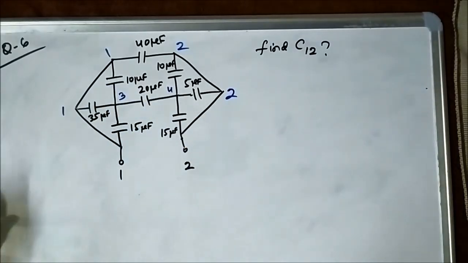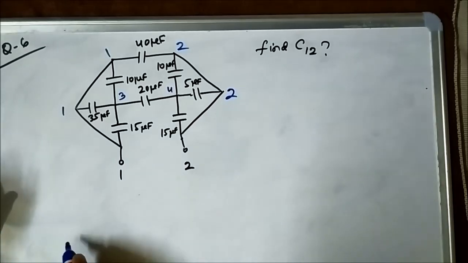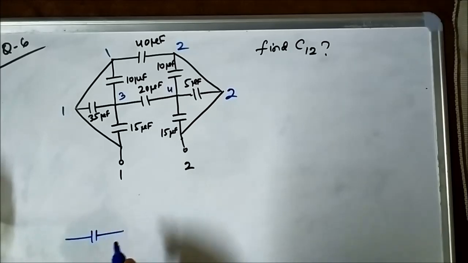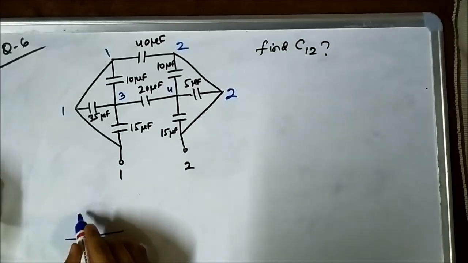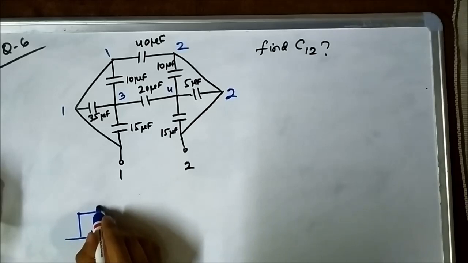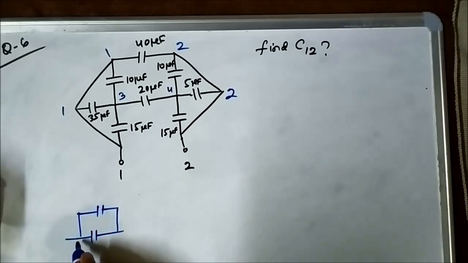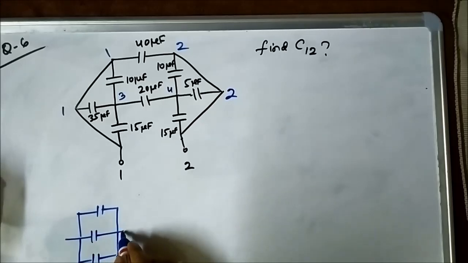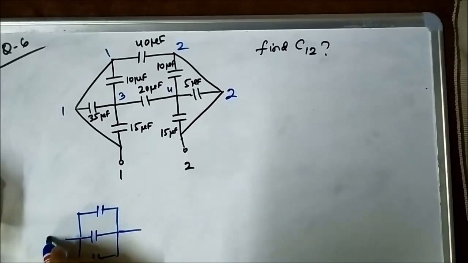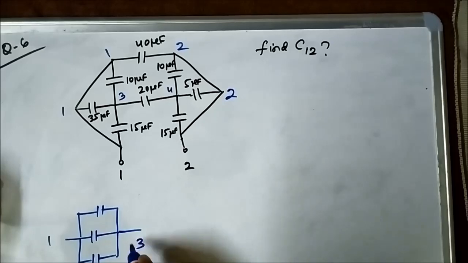It means they are connected in parallel. So let us just see, 15 microfarad, 35 microfarad and 10 microfarad, they are connected in between points 1 and 3.